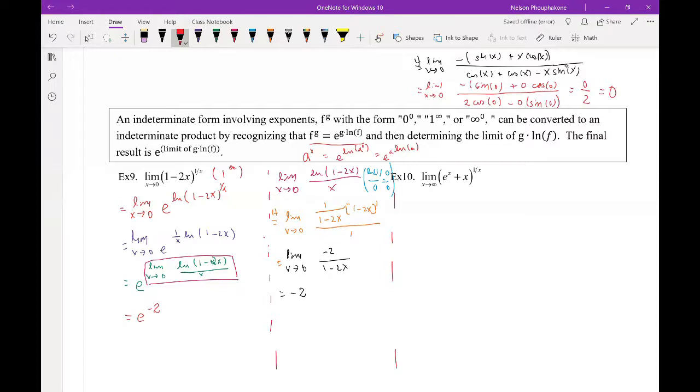Okay, so now it is your turn. Go ahead and try this one right here. Okay, so same thing. I take the limit x approaching infinity of e to the power of natural log of e to the x plus x raised to the power 1 over x.